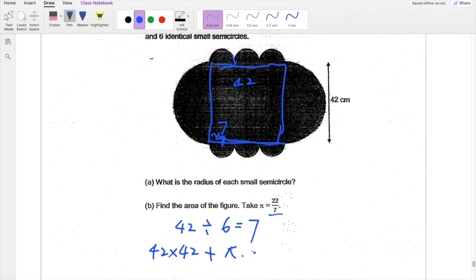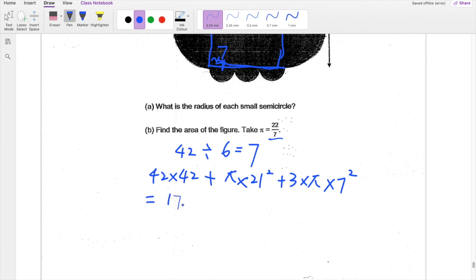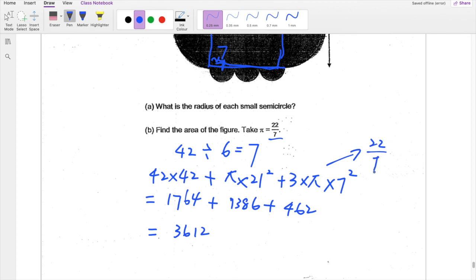Well, the radius is 21 squared, plus 3 small ones times pi times the radius 7 squared. So with this one, we can calculate 6 plus 482, right? With pi giving 22 over 7.